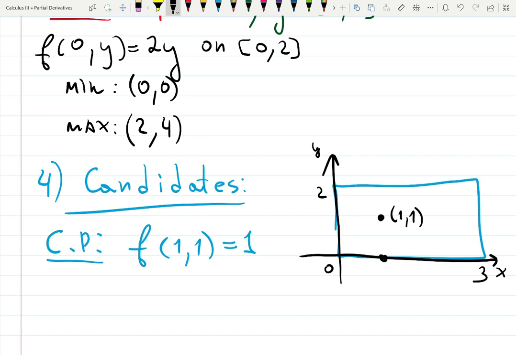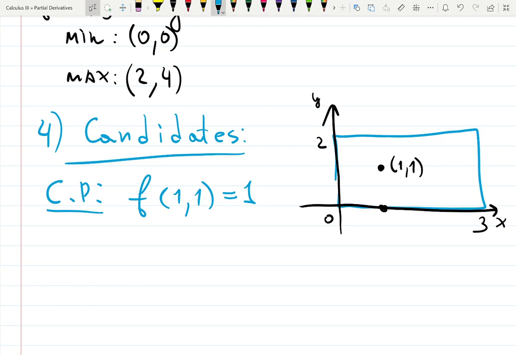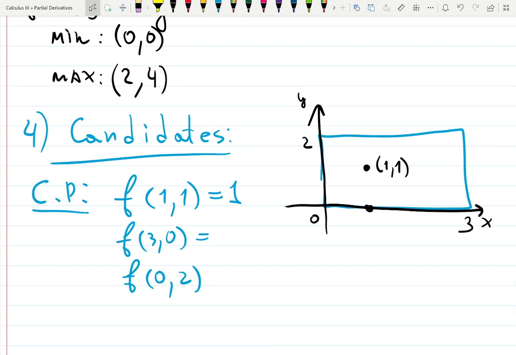Then we found also other points, which are (3, 0), and we need to find the output. We also have (0, 2). Let's find them. This (3, 0) was found from the last segment, segment L1. (0, 2) was found over here, from this last line.